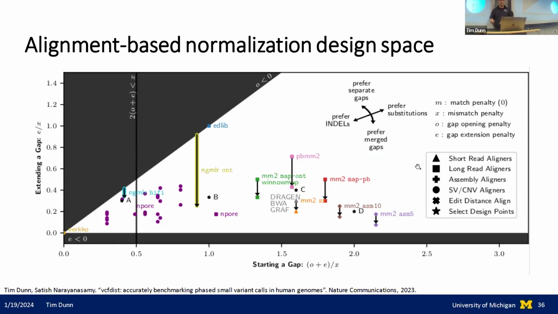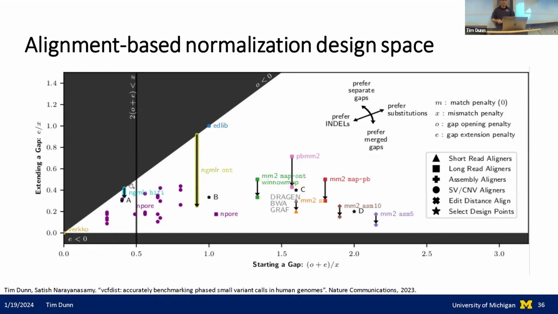Short and long read aligners are typically clustered around here, which we've labeled design point C. Assembly-based aligners tend to prefer merging gaps as much as possible, so they'll end up closer to y equals 0. Structural variant and copy number variant aligners typically want to allow insertions and deletions as much as possible, especially in repetitive regions where they are more likely than substitutions.